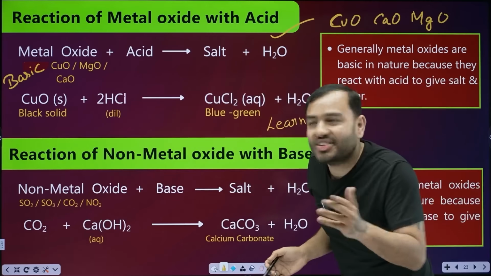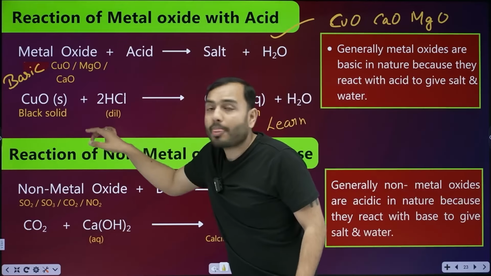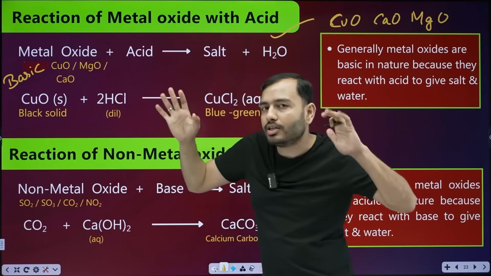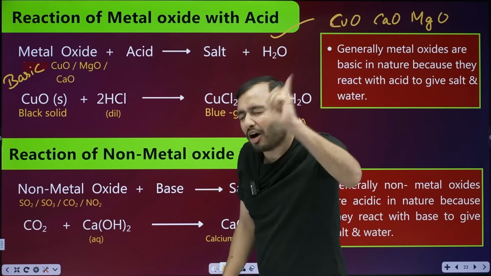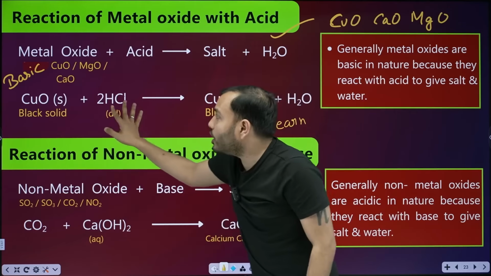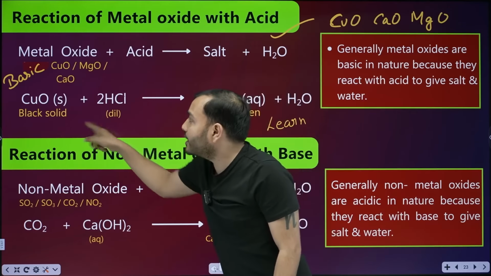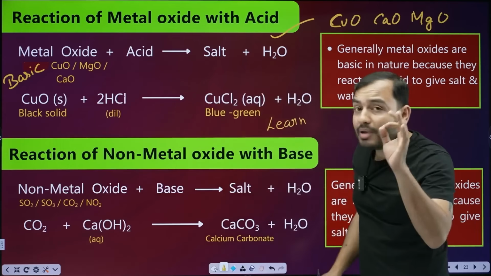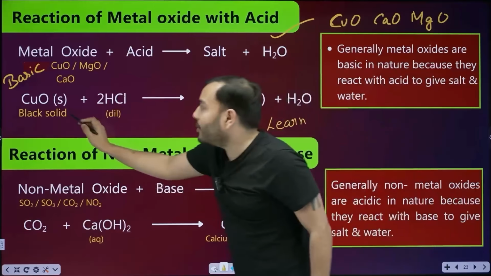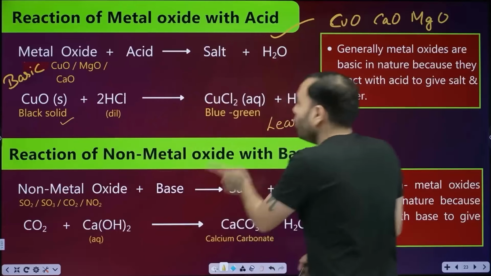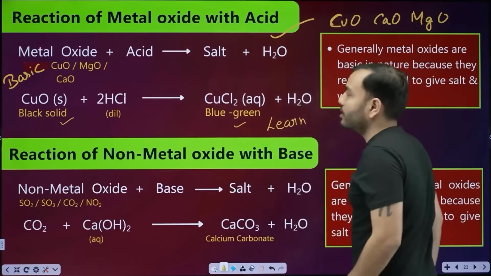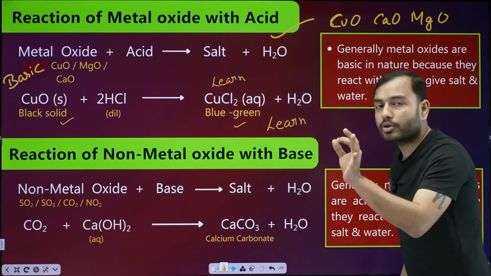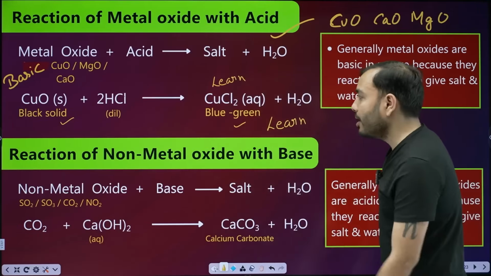Copper oxide, magnesium oxide, calcium oxide: don't say zinc oxide, we will understand that in the next chapter. Copper oxide reacts with HCl to form water and CuCl2. The colors should be learned: copper oxide is black and cupric chloride is blue-green. Remember this color.